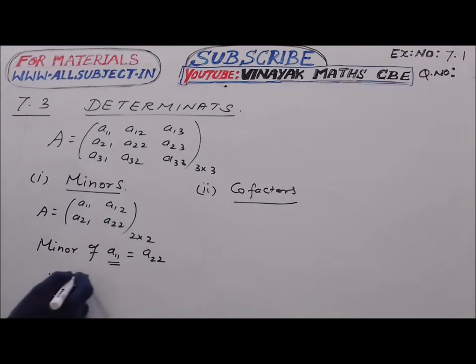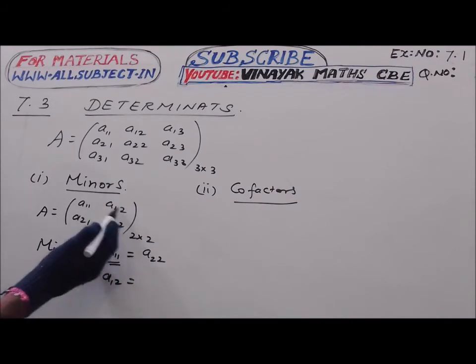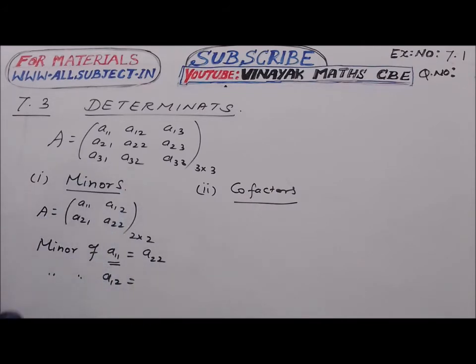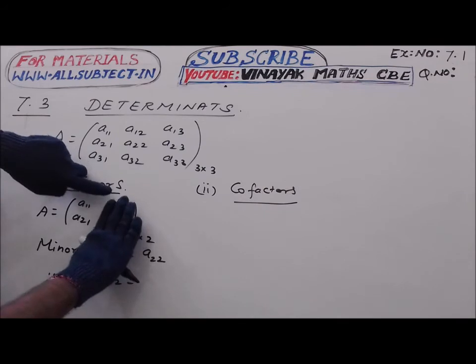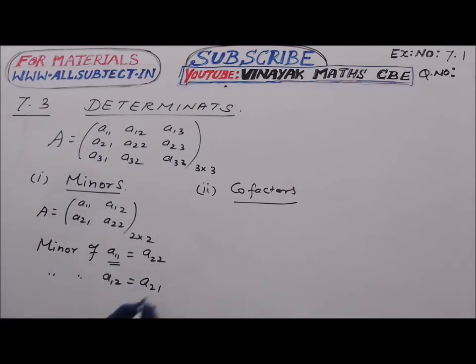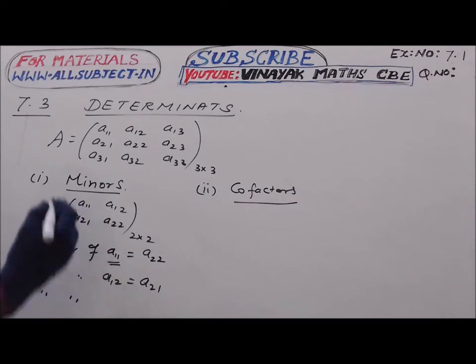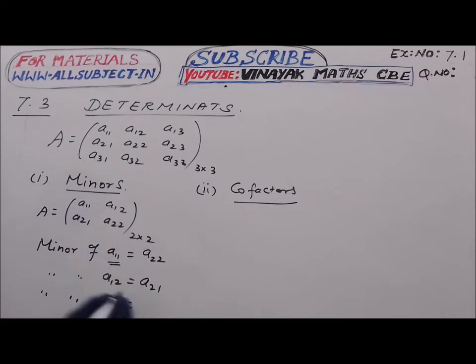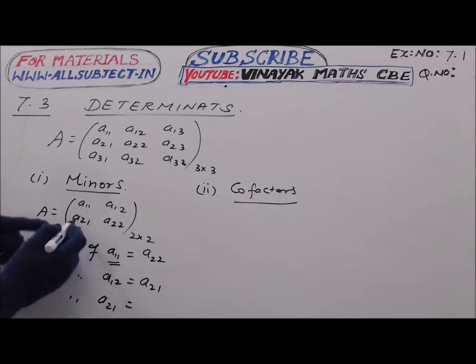Similarly, the minor of A12: A12 is present in the first row and second column. Eliminating these two, the remaining one is A21. So A21 is the minor value of A12. And then the minor of A21: A21 is present in the second row, first column.